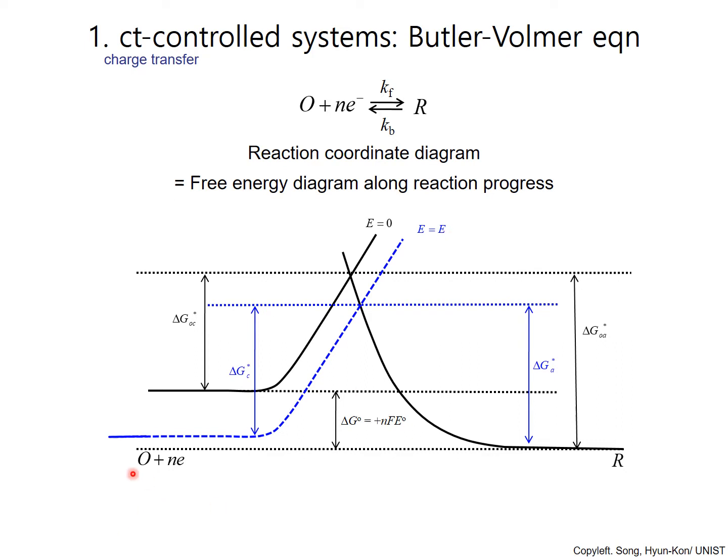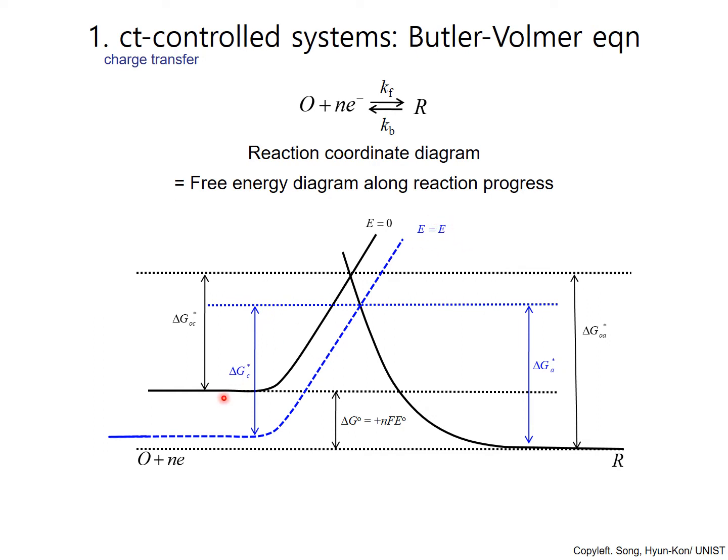You know, you can find the electrons in the reactant, not in the product. So by controlling the potential, you can control the free energy curve of the reactants because you have the electrons on the reactant side. So this black curve is shifted downward into the blue dashed line because you have an applied potential, the value of which is positive.